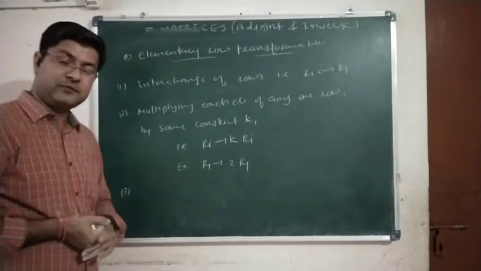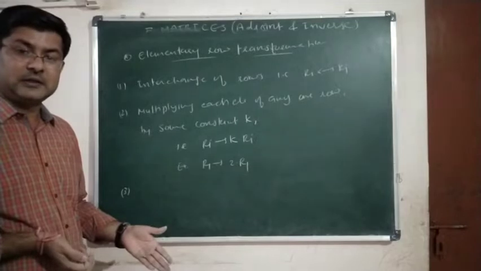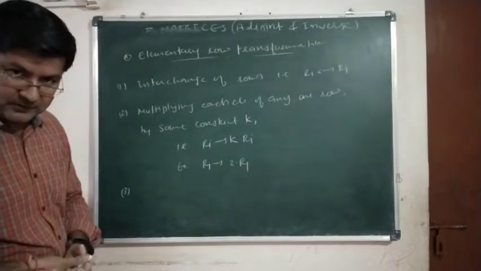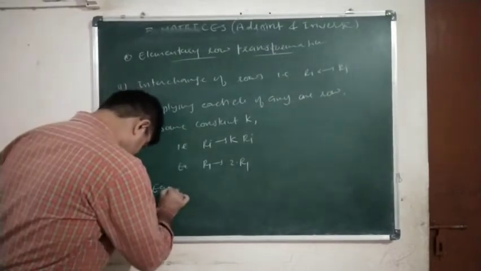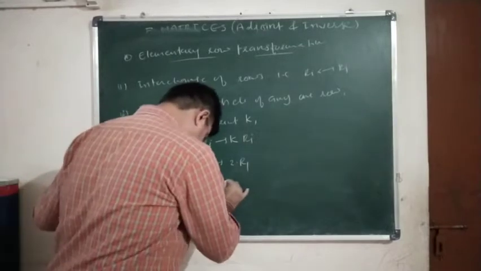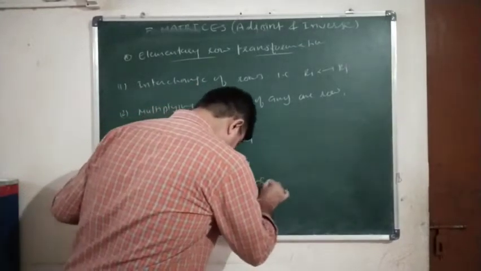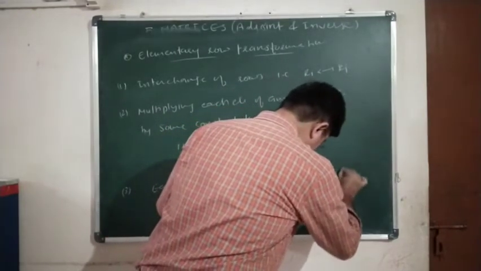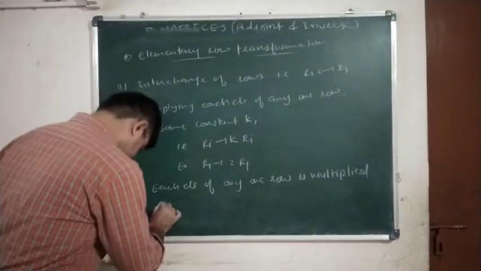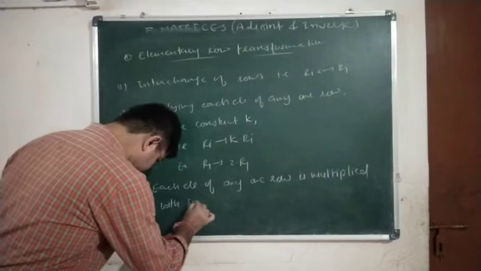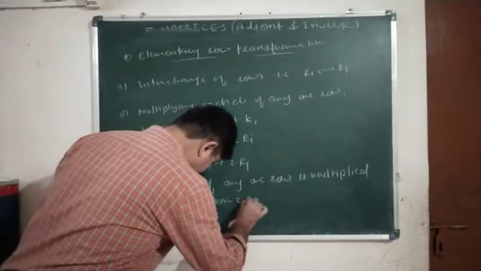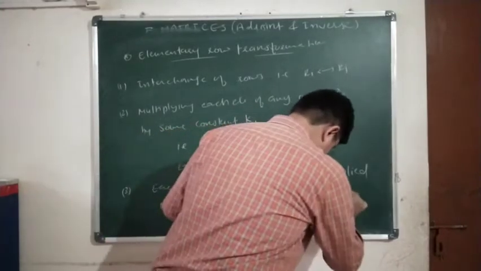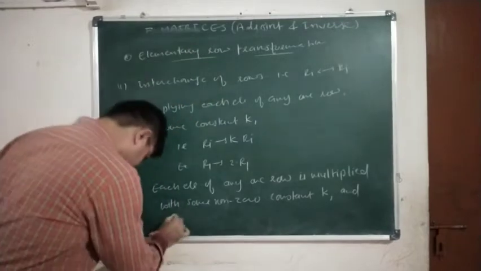And the third one: each element of any one row is multiplied with some non-zero constant k and added to the corresponding elements of some other row. Clear?